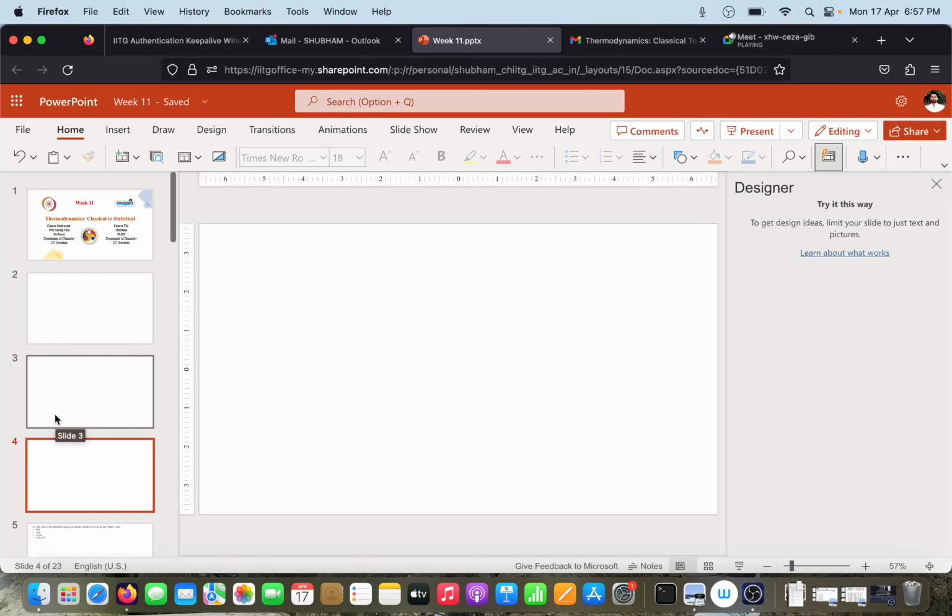Okay, now T1 V1 to the power gamma minus 1 is equal to T2 V2 to the power gamma minus 1. Just put the values now.